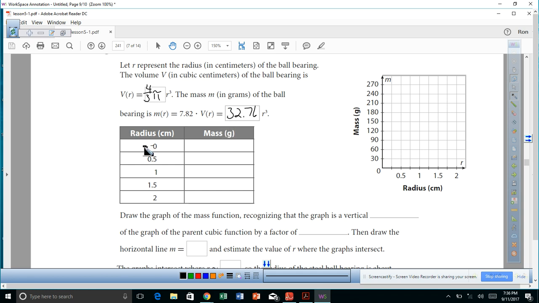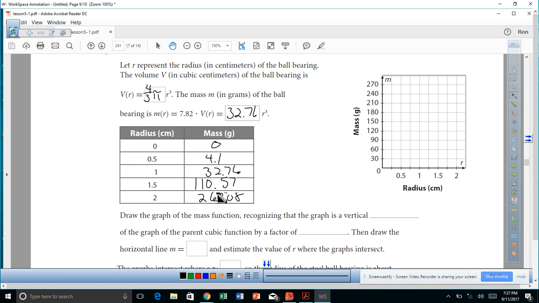Okay? And so if the radius is 0, then the mass is 0. If the radius is 0.5, so 0.5 times 32.76 is, let's see here, 0.5, and that gives you 4.1. 1 gives you 32.76, and then 1.5 gives you 110.57, and 2 gives you 262.08.